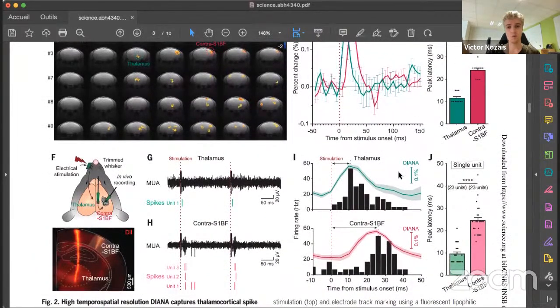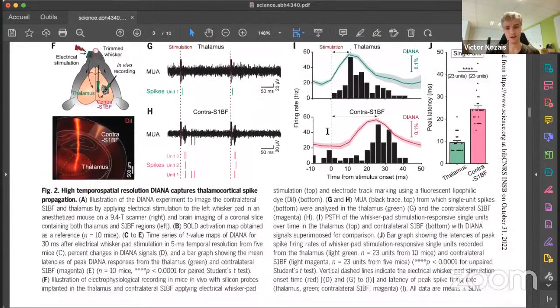They checked, and okay, what about if we do it again with a single unit recording? And then you have the result here again, and you have the same kind of thing, meaning first the thalamus, 10 milliseconds, then the cortex, 25 milliseconds. So it is really, really neat at this point.